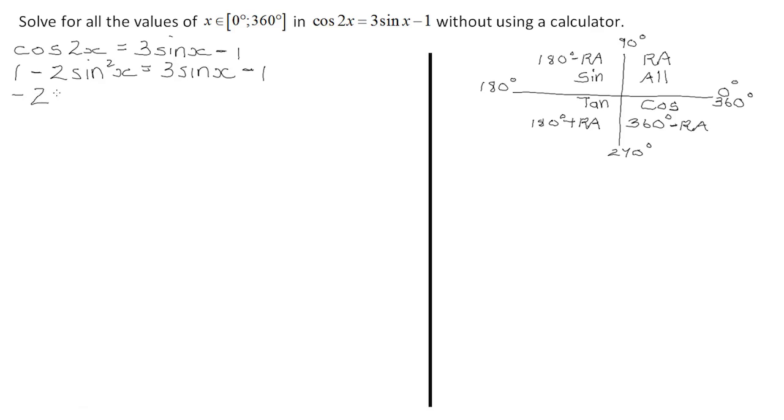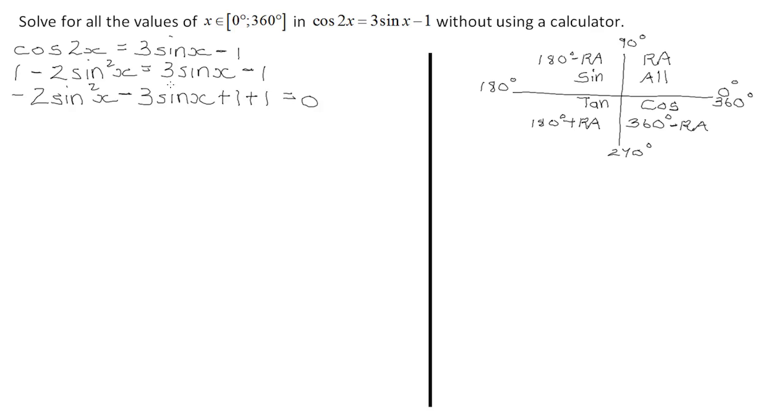Always first will be the square, minus 2 sine squared x, right? Then I'm going to move that 3 sine over. It means it's going to become minus 3 sine x. Then I'm going to keep that 1, which is positive, on my left-hand side. And I'm going to move that minus 1 also over. It becomes positive. And that must be equal to 0.